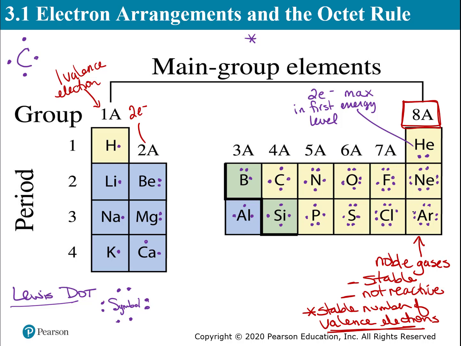Helium and hydrogen only want 2. So hydrogen is going to kind of follow what helium tries to do. Hydrogen's not going to try and get 8. Hydrogen's going to end up trying to just get 1. So 1 would make that first energy level stable. All of this reactivity is really based on this lack of full outer energy levels.